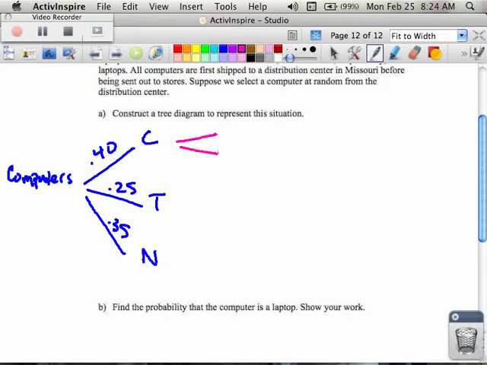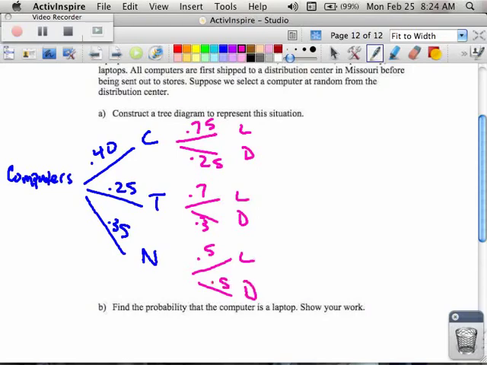So in California, we had 75% of those being laptops and 25% being desktops. In Texas, we had 70% being laptops and 30% being desktops. And in New York, we had half and half, 50% laptop and 50% desktop.